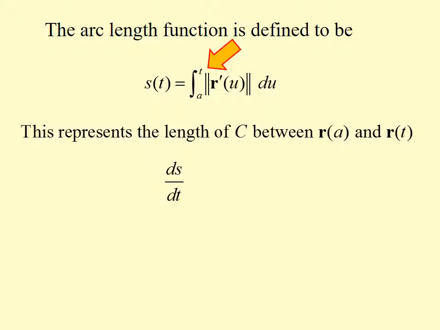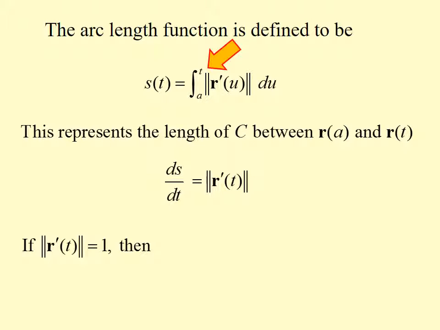Perhaps you'll remember that when we have a function defined as an integral, the derivative of that is nothing more than the integrand with that variable. And so the derivative of s with respect to t is nothing more than the magnitude of r prime of t.